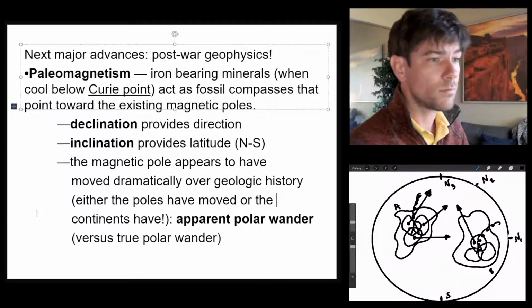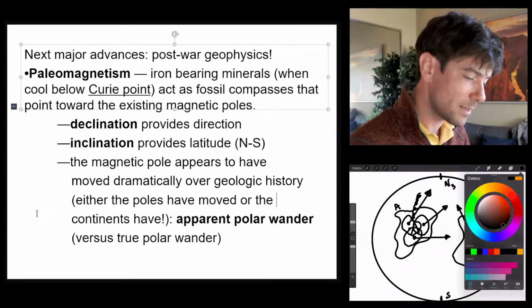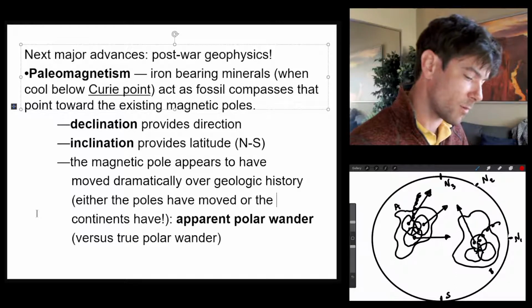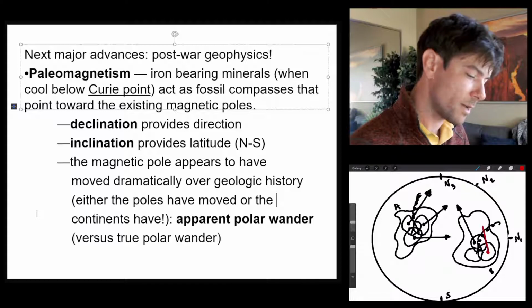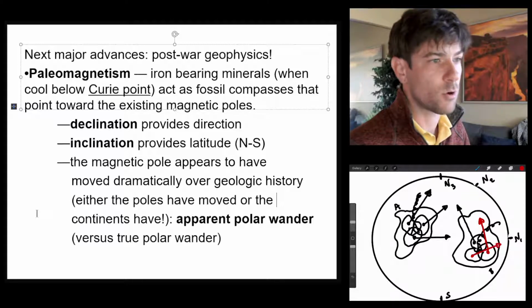Now, if true polar wander existed, our hypothesis here would be that lava flow number 2, we'll call it this one, should point this way towards N2, and lava flow 3 should point this way, toward pole number 3, okay?